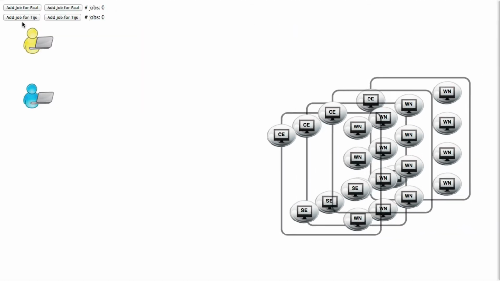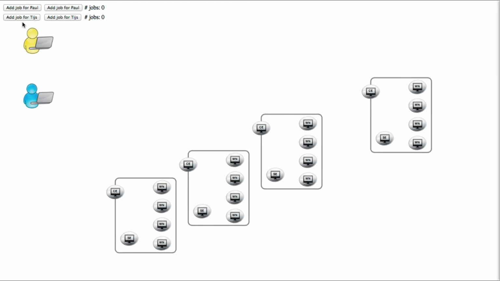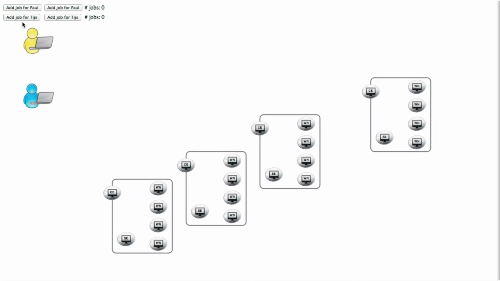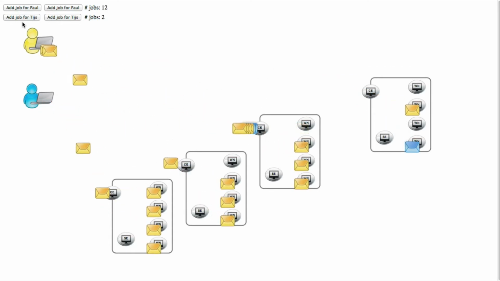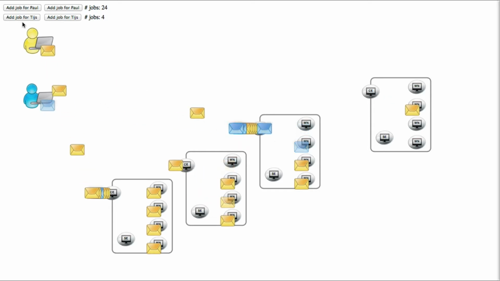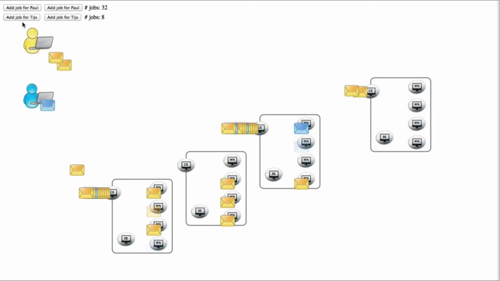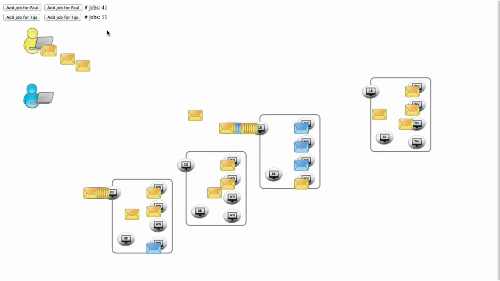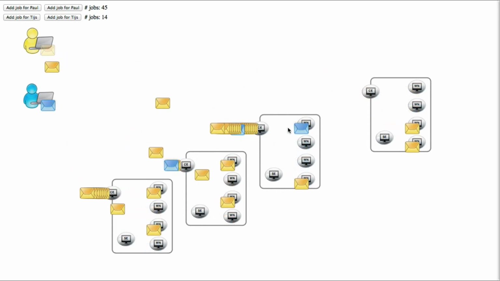Let's take a look at what happens when you are using multiple clusters at the same time. So what you can see is that we have 4 clusters which all look the same, and people start distributing jobs across the different clusters that are available to them. So you can immediately see that the cluster on the far right hand side is underutilized, while the queue is growing on the third cluster over here.